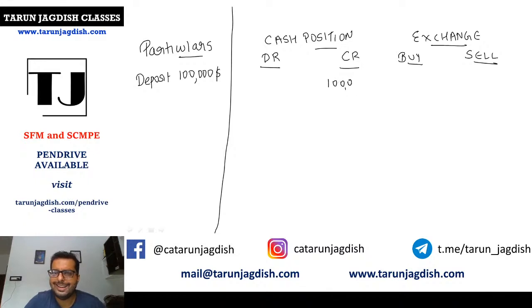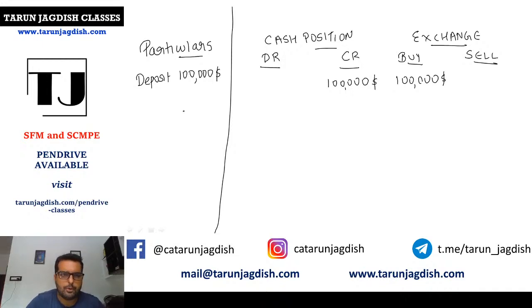It will come on the credit side. When I told you exchange position, both real as well as imaginary will come. So this is a real transaction. It will come in exchange also. Now, how did the Indian bank get $1 lakh? Indian bank would have given rupee and they would have bought dollars. So here it will come as buy $1 lakh. Only after they buy this $1 lakh can they go and deposit this $1 lakh.